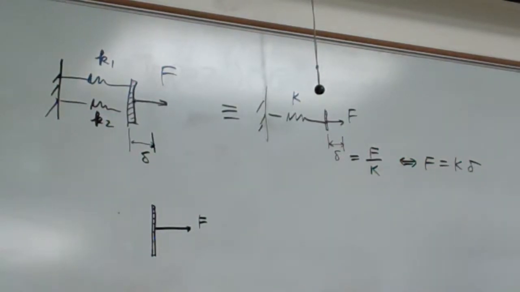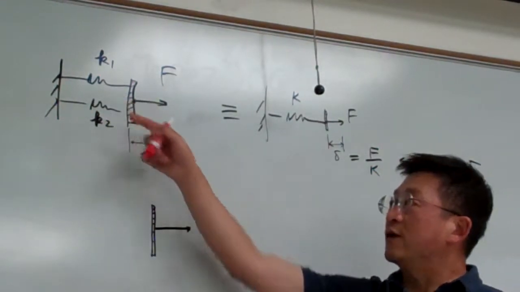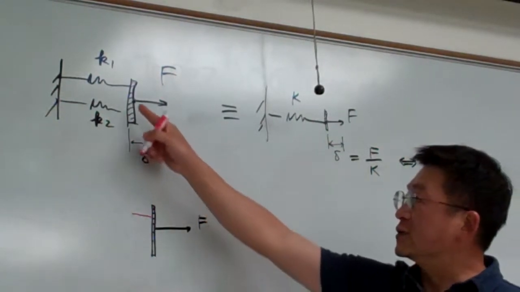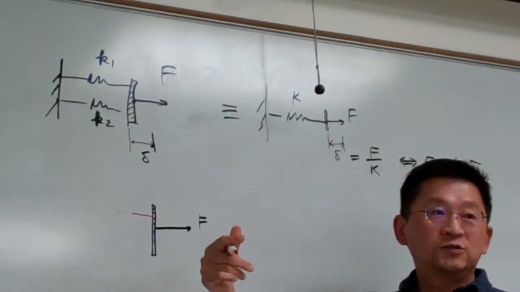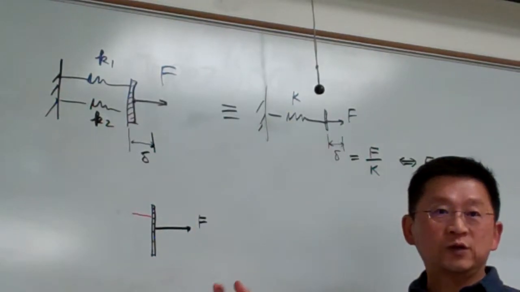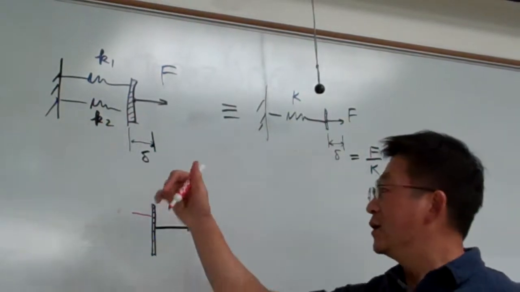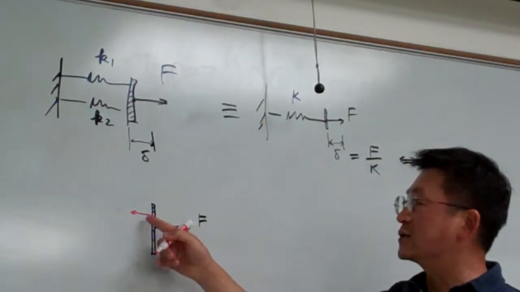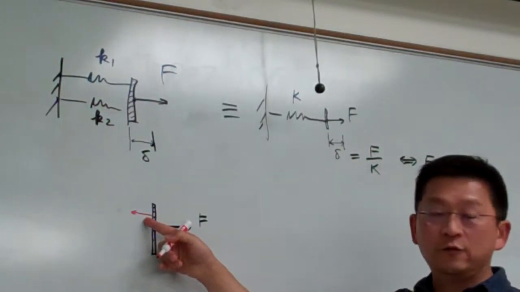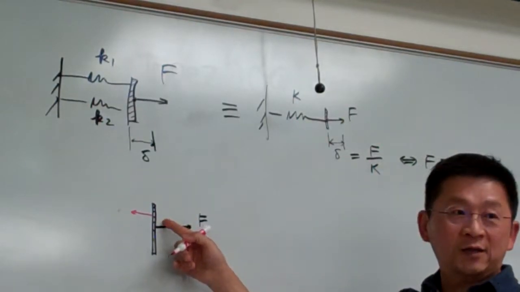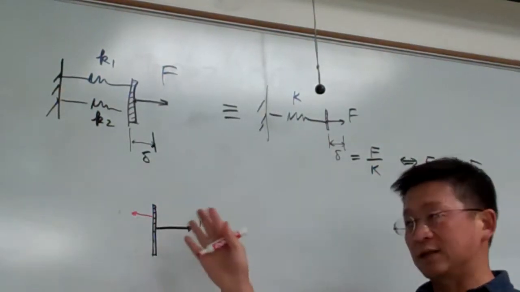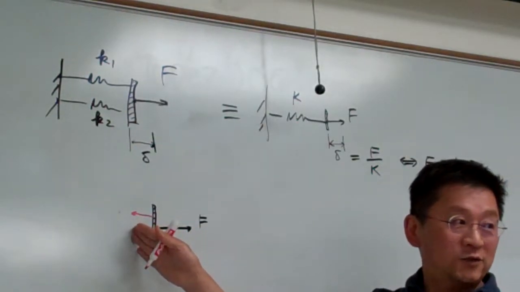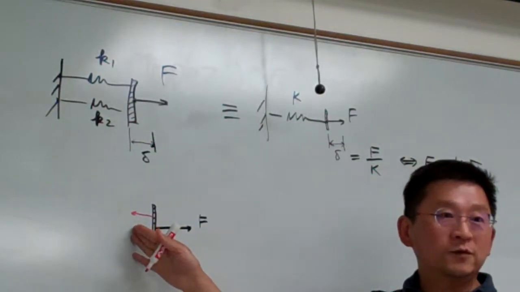The reactions are produced from the spring, because under this situation the spring has been stretched, so it's going to produce the recovering force going back to its original shape. That is the direction of the spring force applied to this plate, trying to get this plate back to its original location where the spring is undeformed, right?